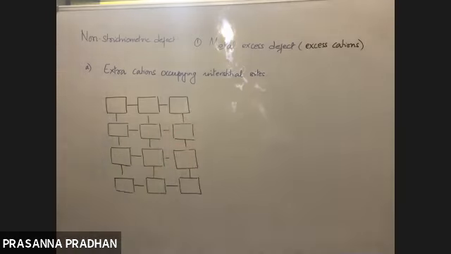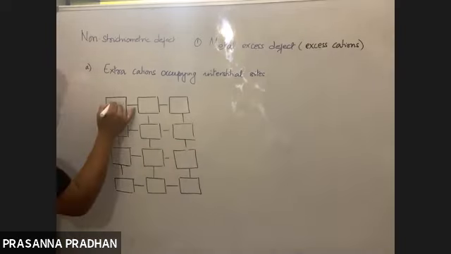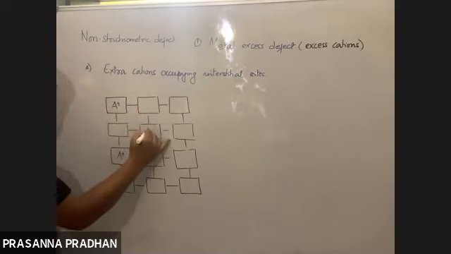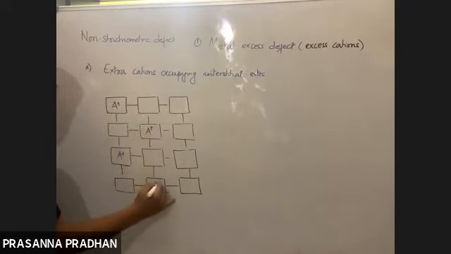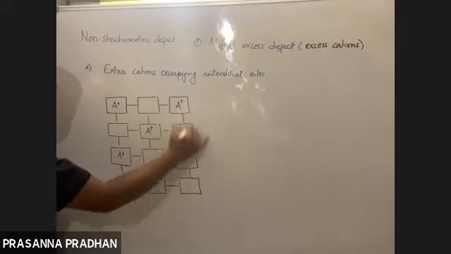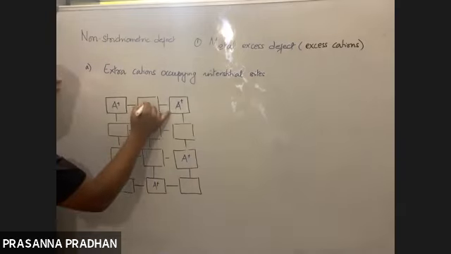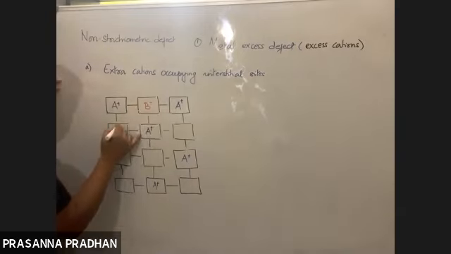Okay. So I'm just drawing this diagram. So suppose I have A positive ions out here, here, here, and here. Okay, so now I'll place B negative ions out here.